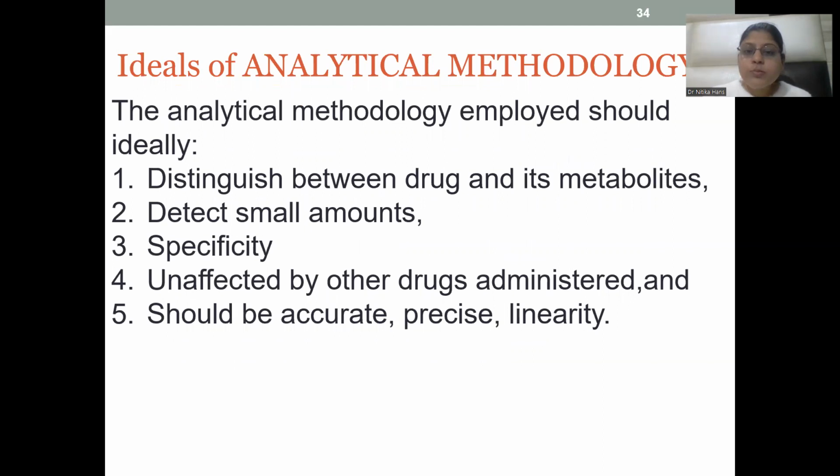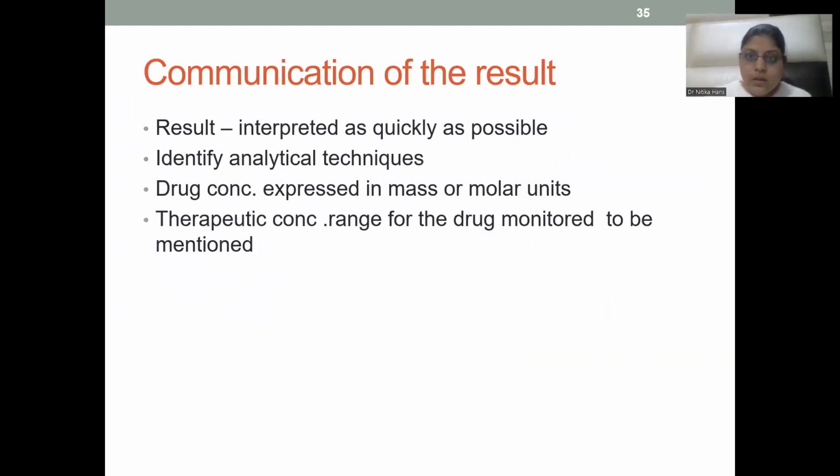The analytical methodology should distinguish between the drug and its metabolites. It should detect small amounts also. It should be specific and unaffected by other drugs administered. And it should be accurate, precise, and linear. Communication of the result should be interpreted as quickly as possible.